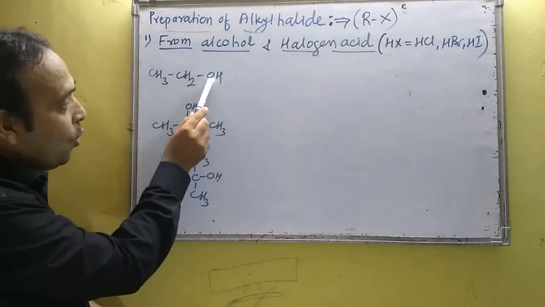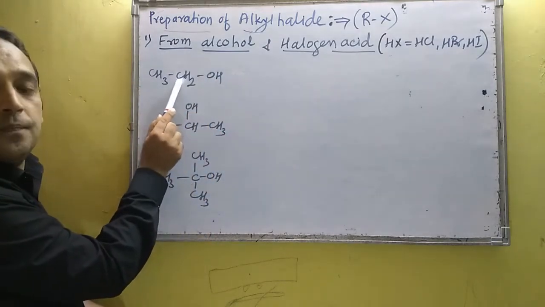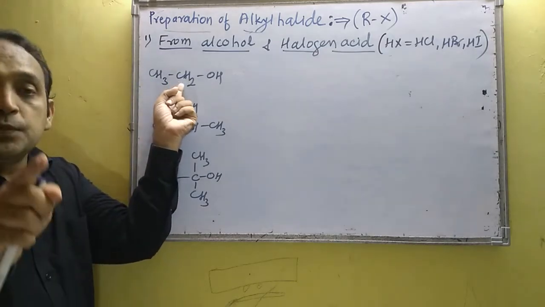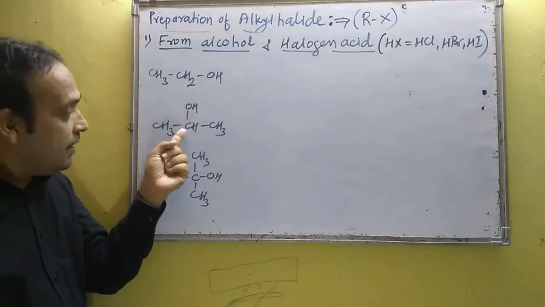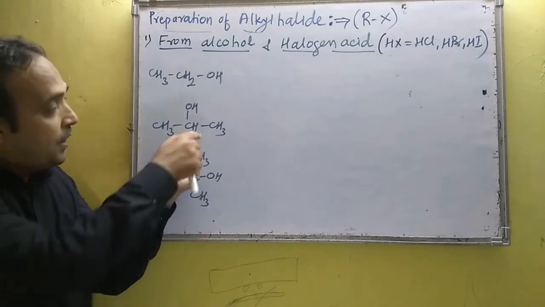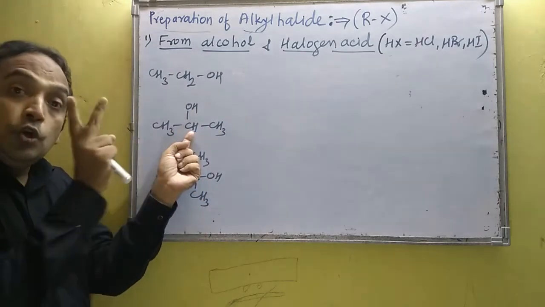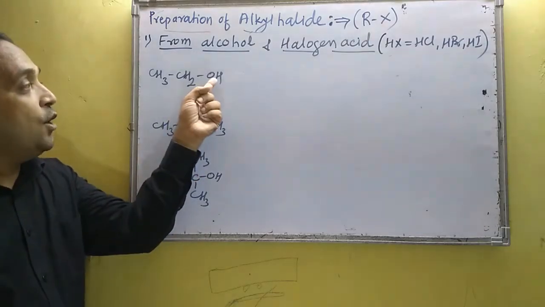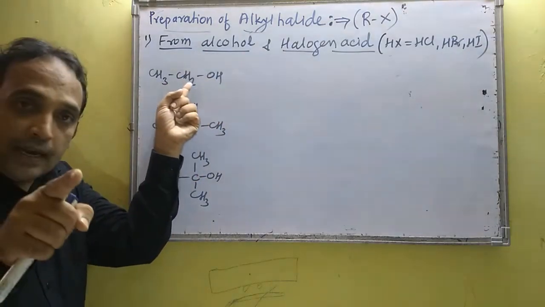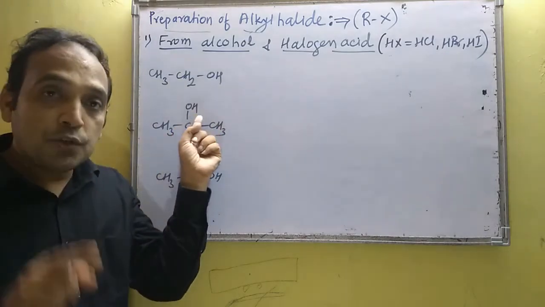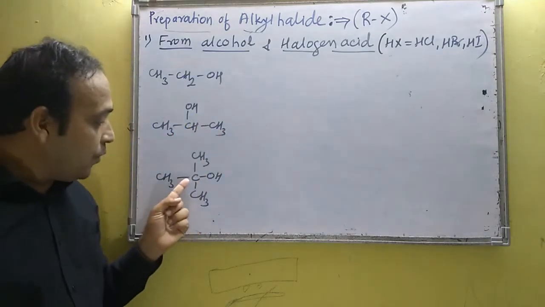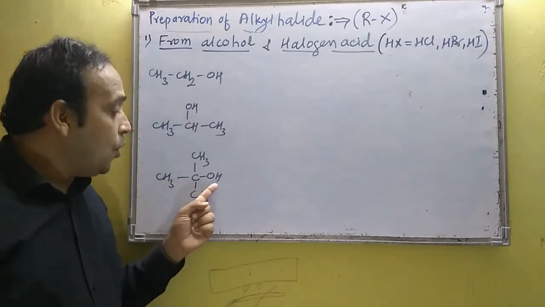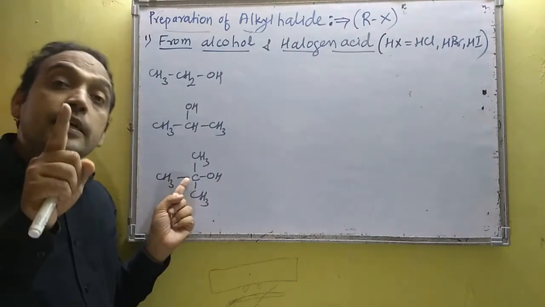Here OH is attached to a carbon which is attached to one other carbon, so this carbon is a primary carbon. Here OH is attached to a carbon which is attached to two other carbons, so this is a secondary carbon. Likewise, this carbon is attached to three other carbons, so OH is attached to a tertiary carbon.